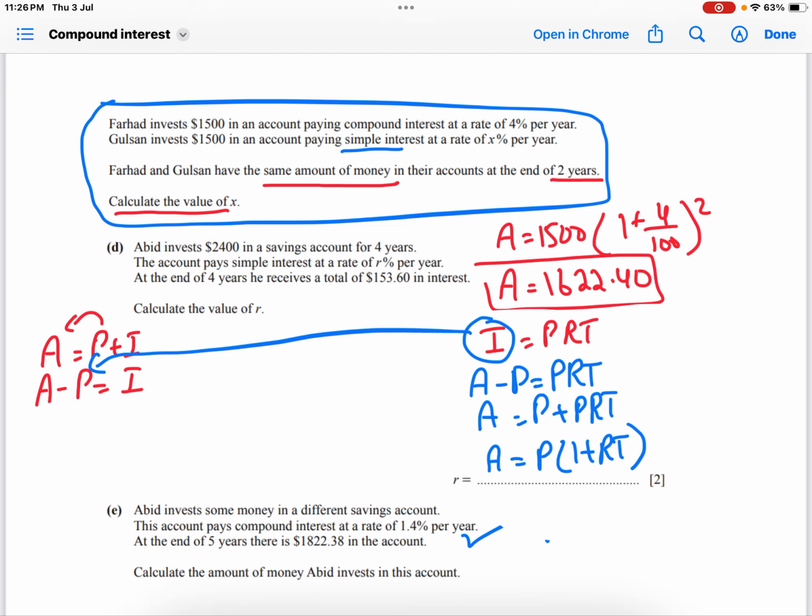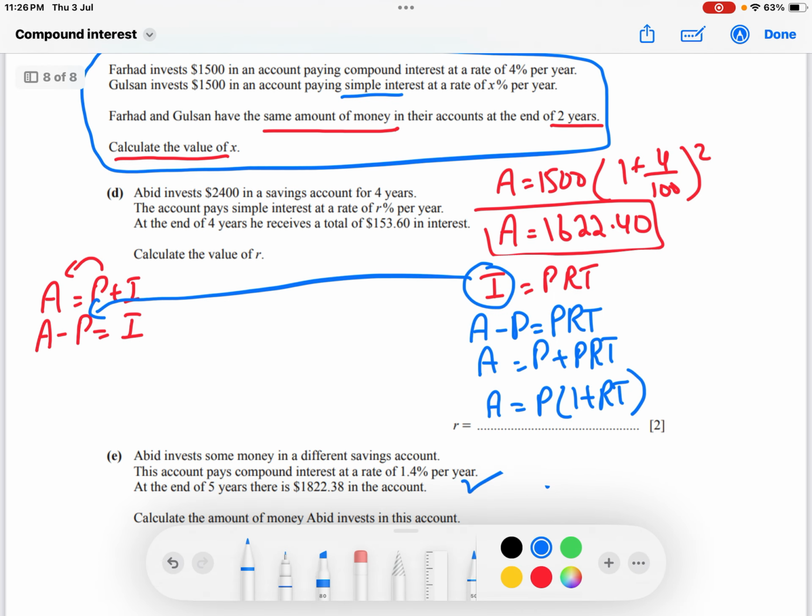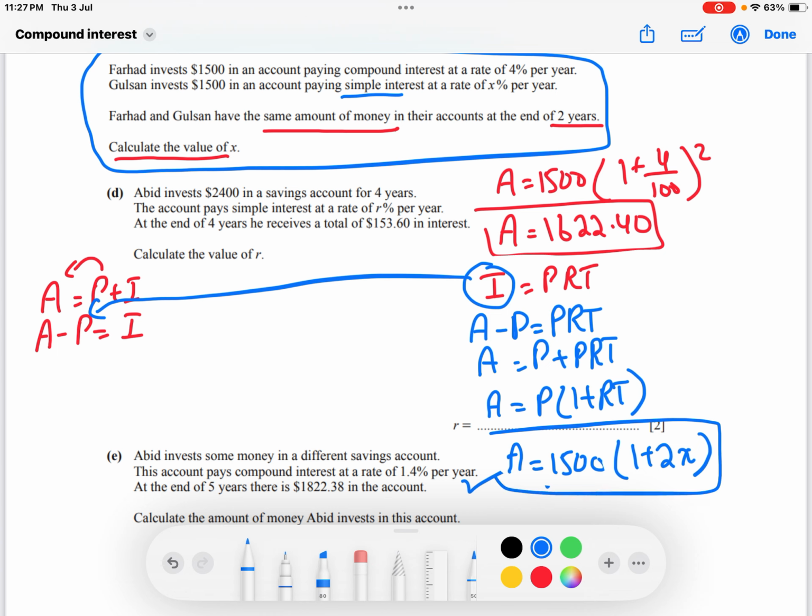Now I will put the values here. The value is 1500 times 1 plus r, which we need to find out, and t is 2, so I will write here 2x. You can see we got two values.